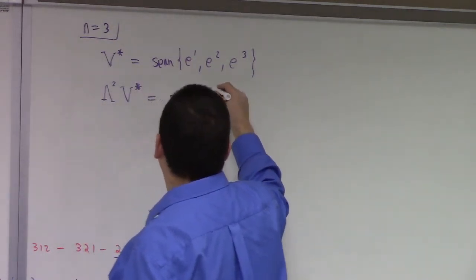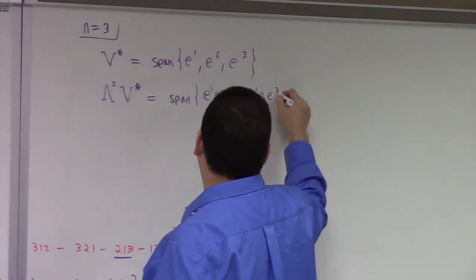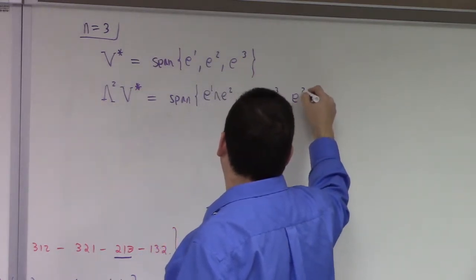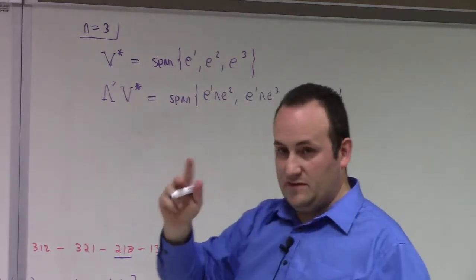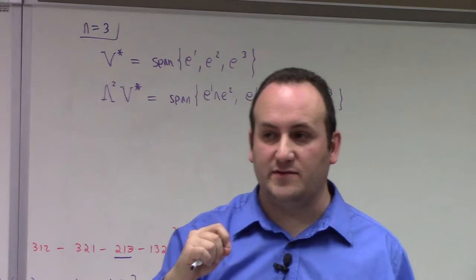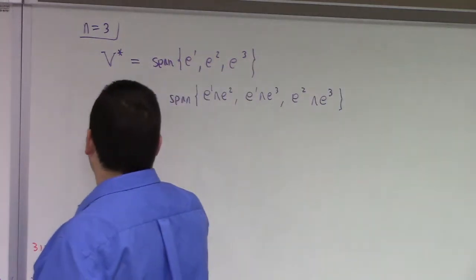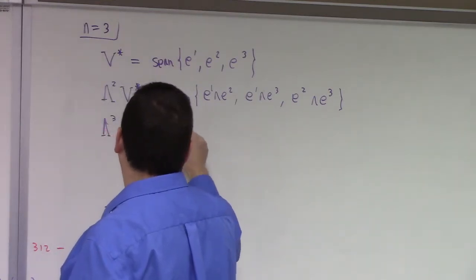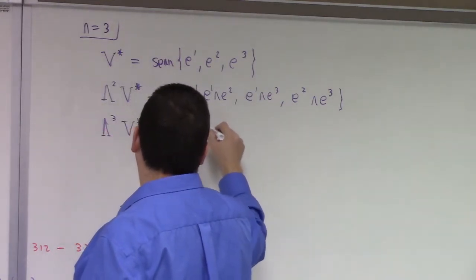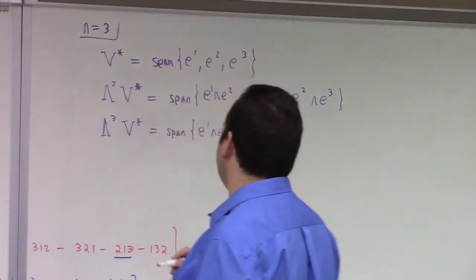We could do E1 wedge E2, E1 wedge E3, E2 wedge E3. That's it. Those are the distinct pairs I can pick from 3 elements, right? How about 3 forms? There's just one of those.